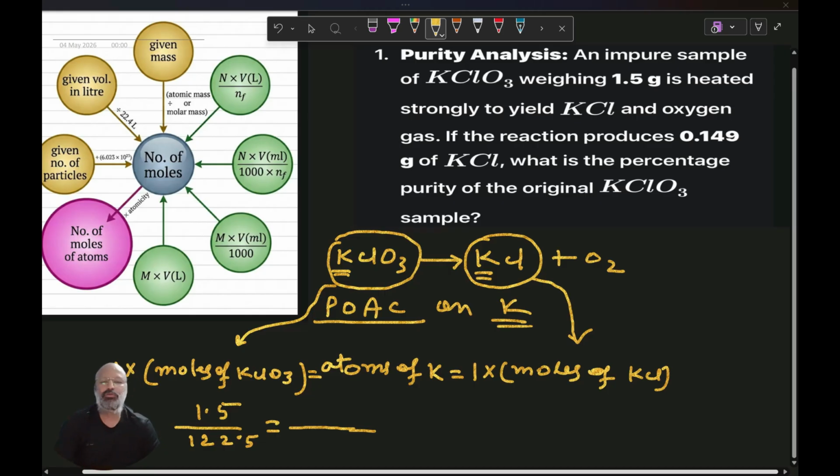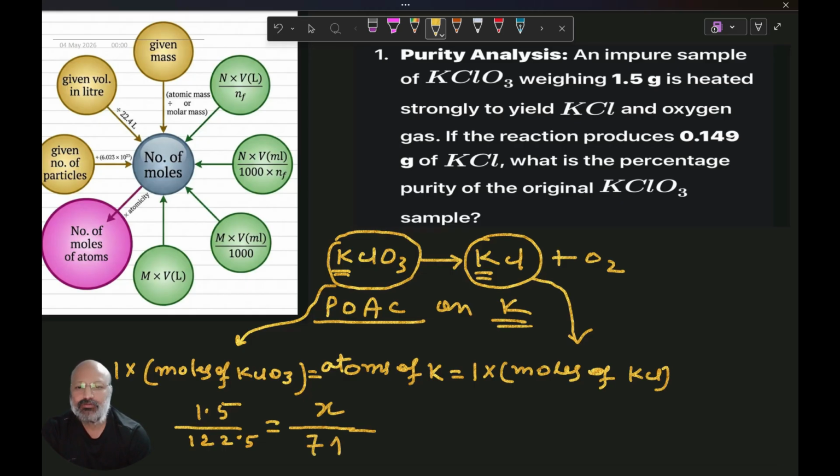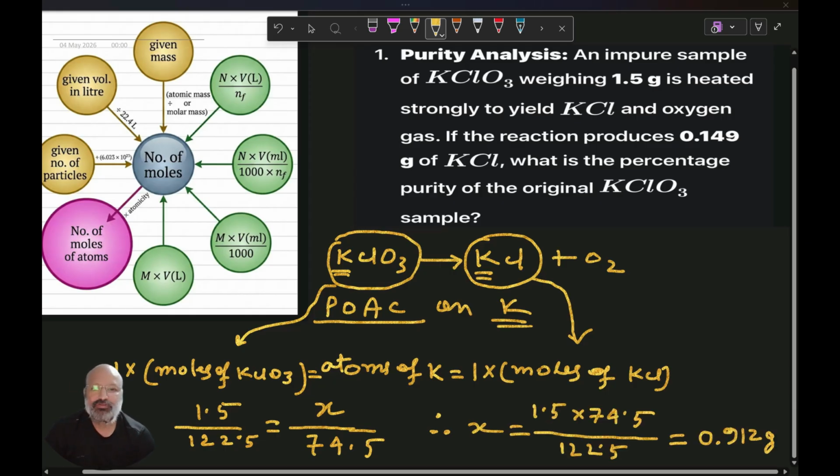Here I'm going to calculate the theoretical value, and let's consider the theoretical value is x gram, and the molar mass of KCl is 74.5 gram. So if KClO3 was 100% pure, then the amount of KCl obtained should be 0.912 gram. But in reality, the amount obtained is much lesser than that.